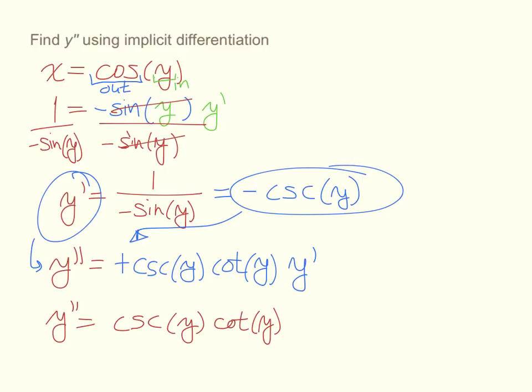We can't have a second derivative in terms of y primes. We can only have the variables x and y over here on the right side. So again, instead of y prime, I'm going to write 1 over negative sine y.